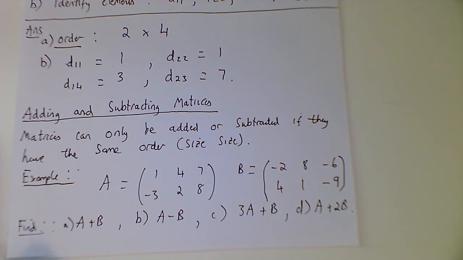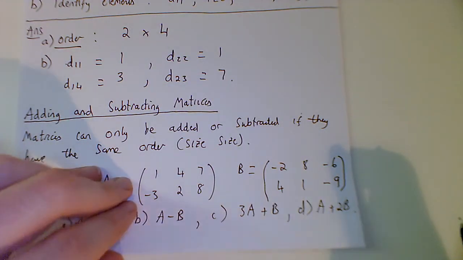Now, what I'm also demonstrating here is the fact that you can multiply a matrix by a scalar number as well, like 3 or 2. I didn't see the point in doing a separate note for that because hopefully it is self-explanatory when I do the example.